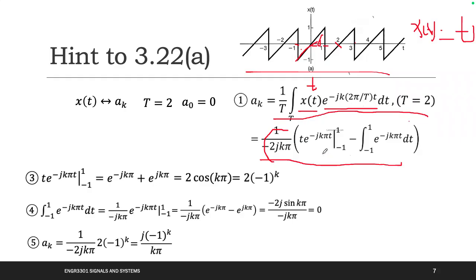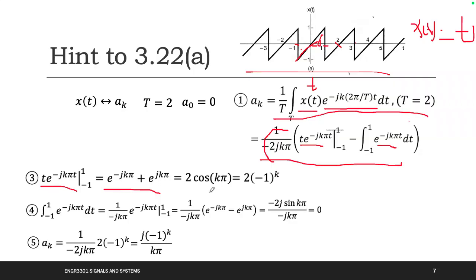Then put t equal 1 here, this is just e to the negative j k pi, and put a negative 1 here, and it's this part. Does it make sense to you?